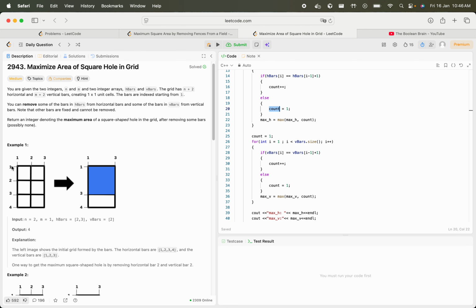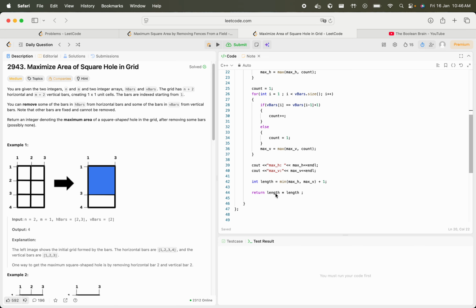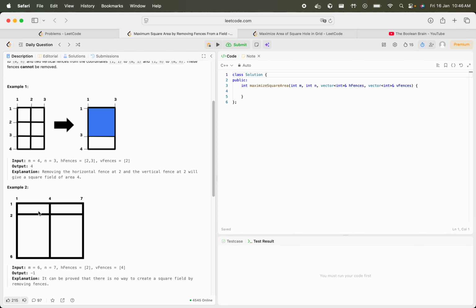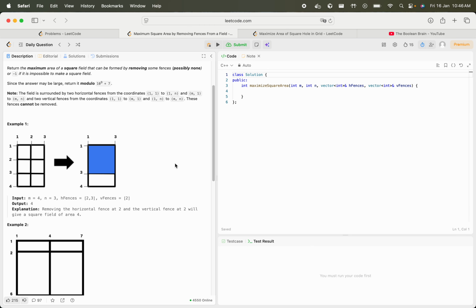When we had the maximum size of horizontal and vertical, we just multiplied them and returned the answer. But in today's case, the initial starting point doesn't contain cells of size 1 by 1. So we have to solve this differently.